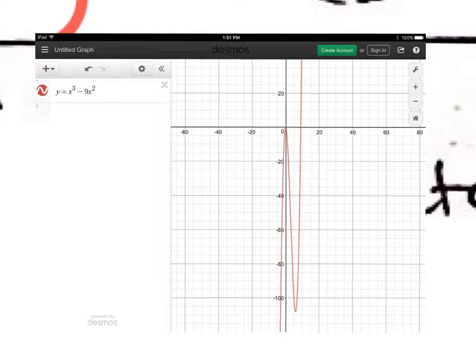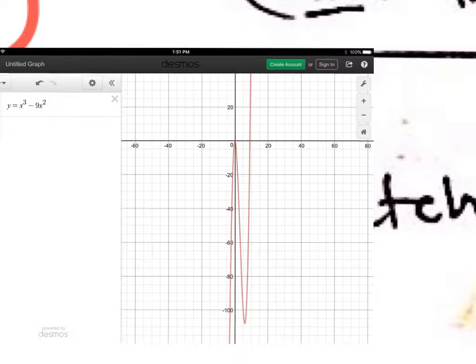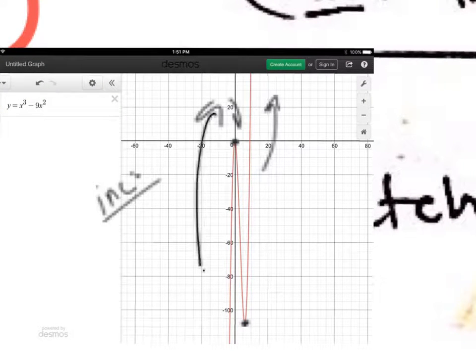So we have that it increases, and then it decreases, and then it increases. We're interested in this point, that's what I just showed you, at x equals 6, and then this point at x equals 0. So it looks like it's increasing all the way from negative infinity to 0.